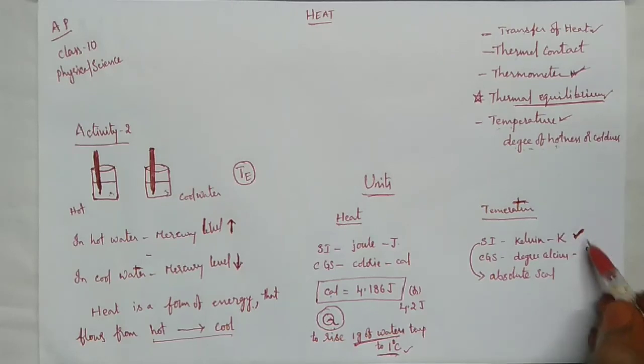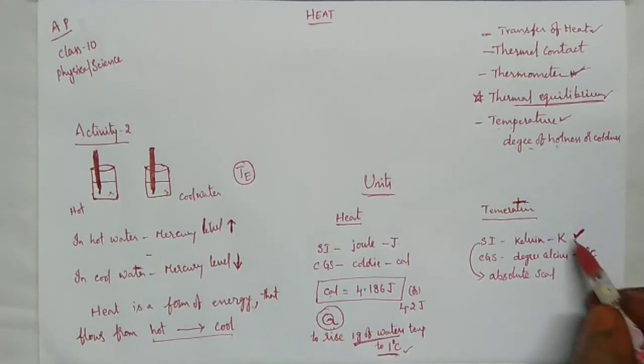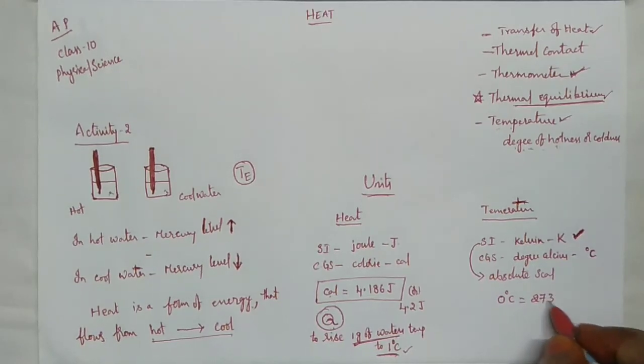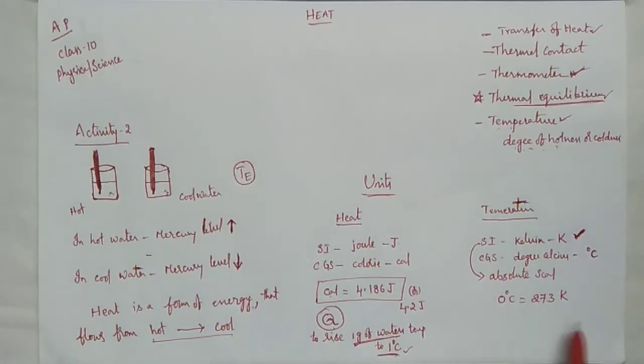Now how can you find the relation between these two? The relation is 0 degree Celsius is equal to 273 Kelvin. This is a basic relation. If you want a conversion relation, to convert temperature given in Kelvin to centigrade or centigrade to Kelvin, the relation is K, Kelvin temperature, is equal to centigrade temperature plus 273.